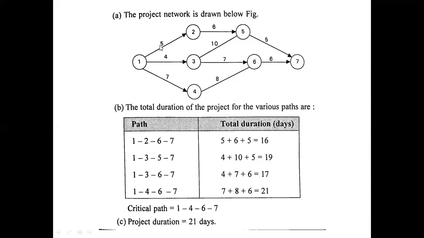And see here, actually it is 1, 2, 5, 7. This is a mistake. 5 plus 6, it is 11 plus 5, 16.